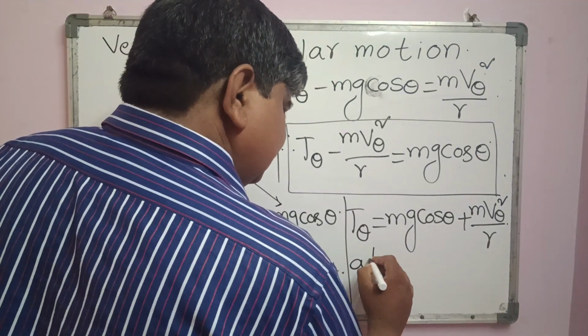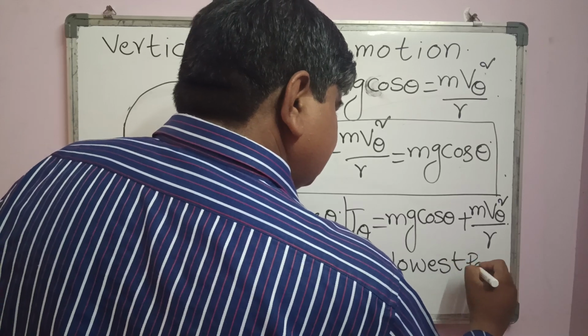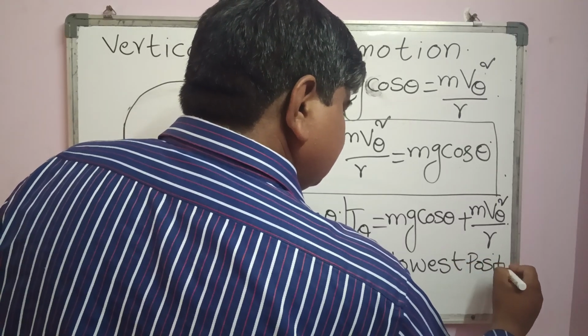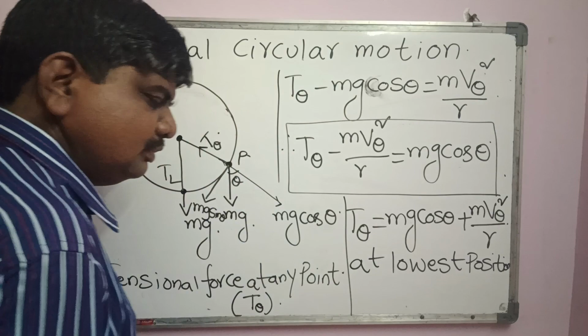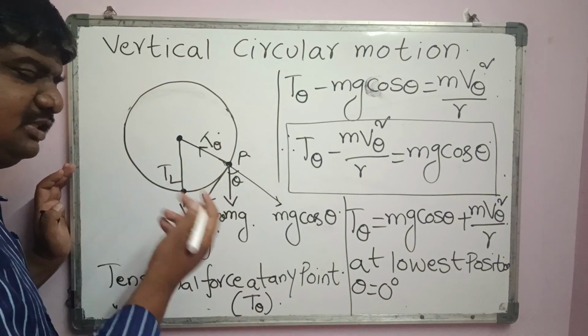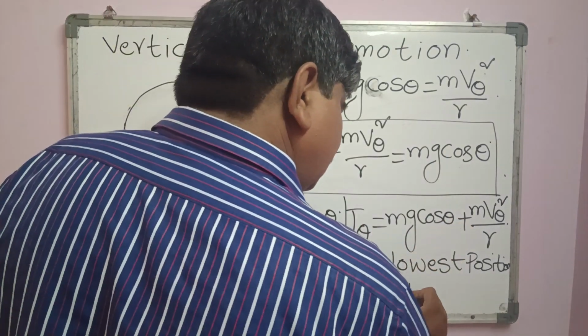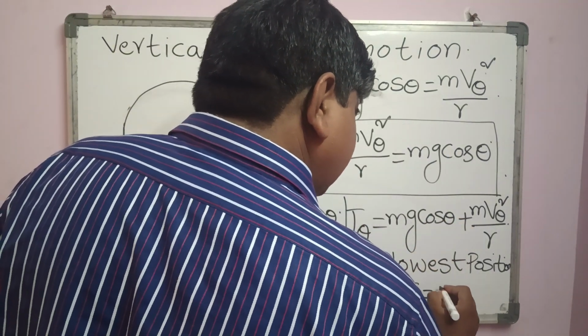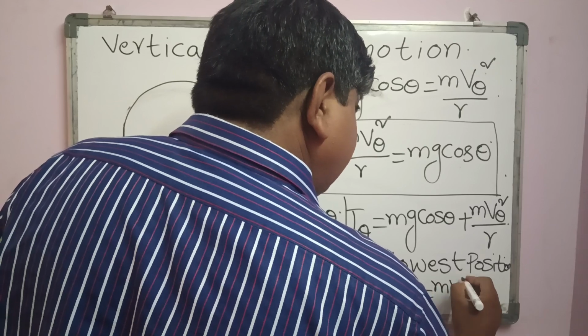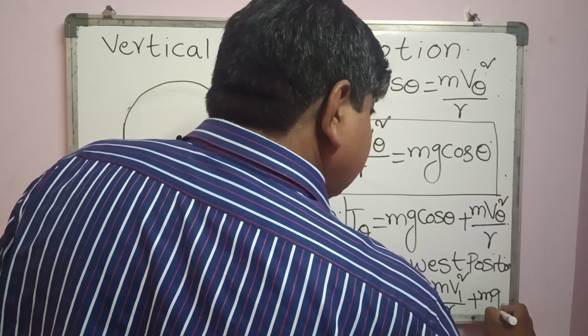At the lowest position, let us suppose theta is 0 degrees. By substituting, cos 0 is 1. So TL can be written as m v1 square by r plus mg.